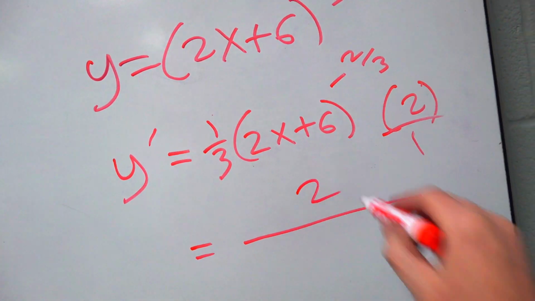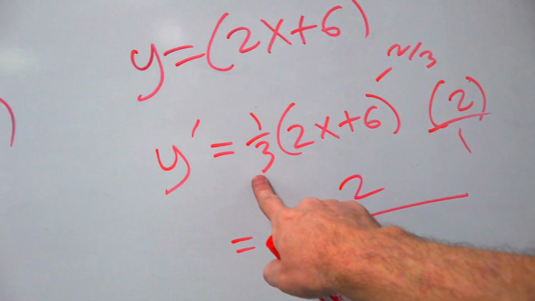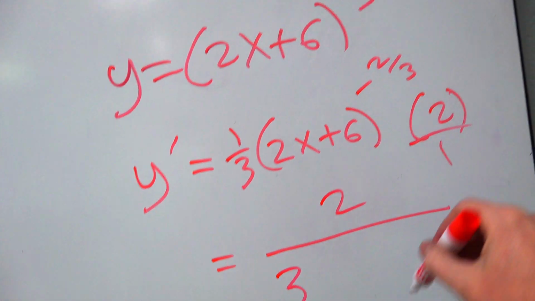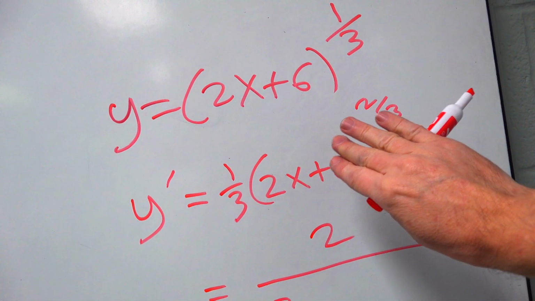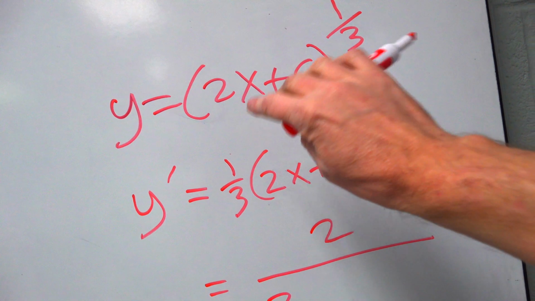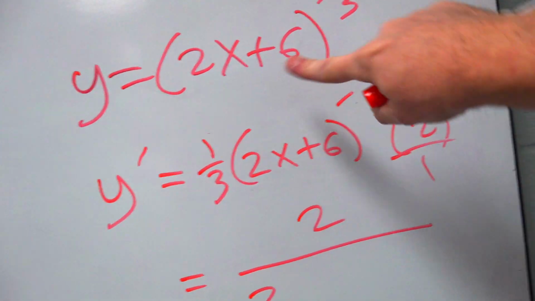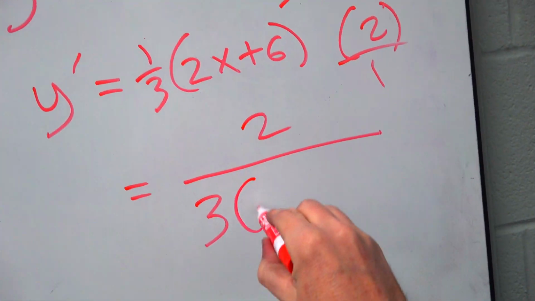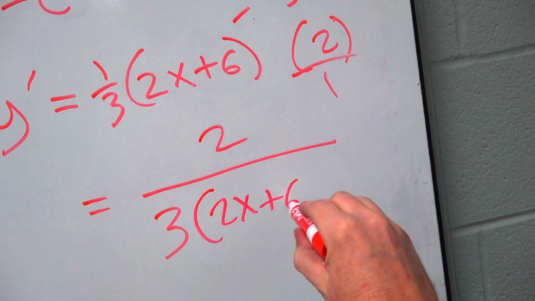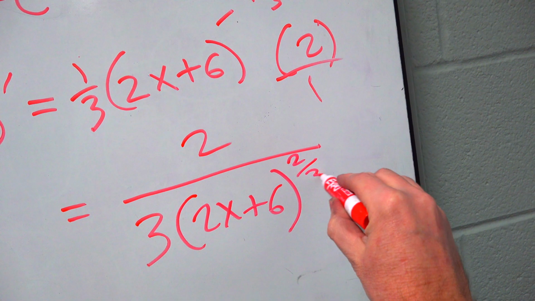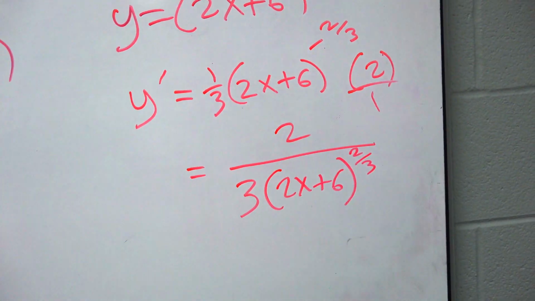So that's 2 upstairs. Who's downstairs? 3 is downstairs. The negative power says you're going to go downstairs, and you end up with this to the positive 2/3. Okay, there's your derivative right there.